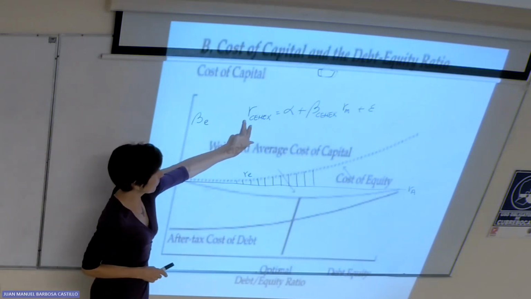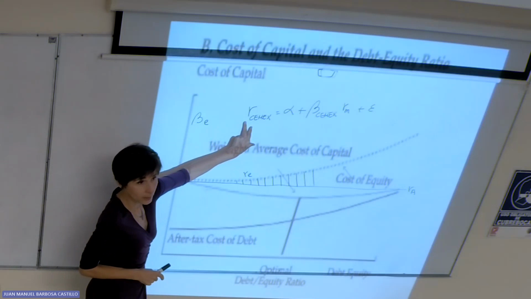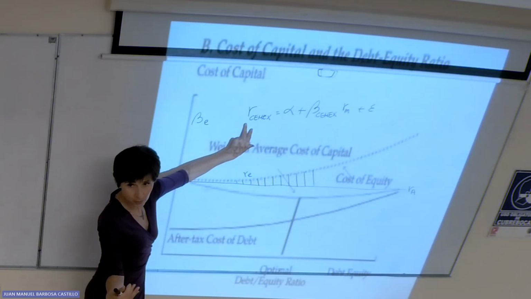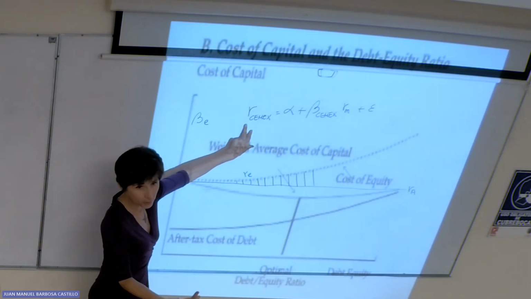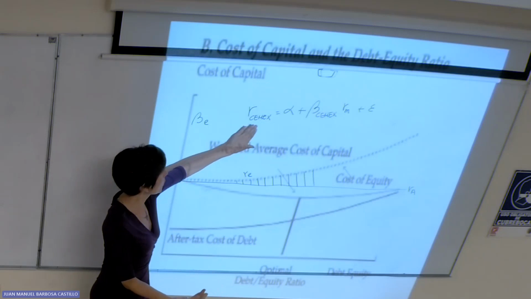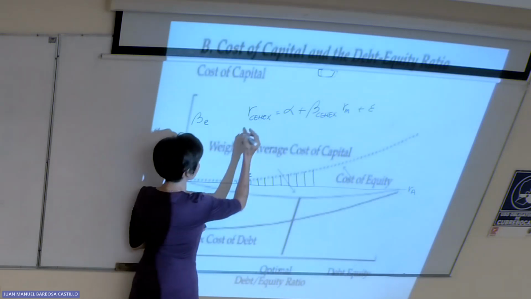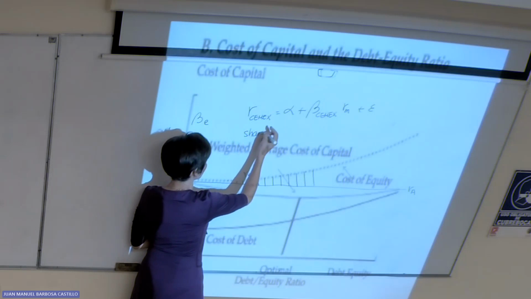The returns on the stock of CEMEX are obtained through prices, right? The price of 2022 over the price of 2021 would be the return for 2022, right? The returns are obtained through prices. These are share prices, right?